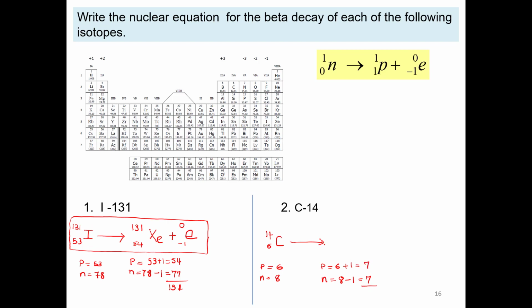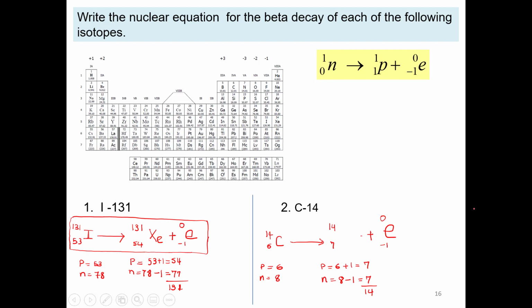And the mass number of the isotope in the product will be 14. Let's write here 14, and the atomic number, or the number of protons, will be 7. And here will be plus the beta particle.